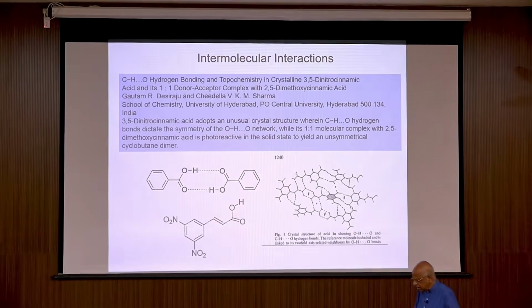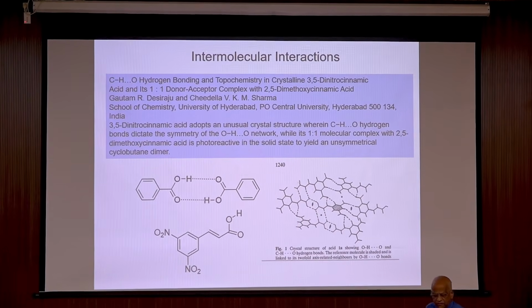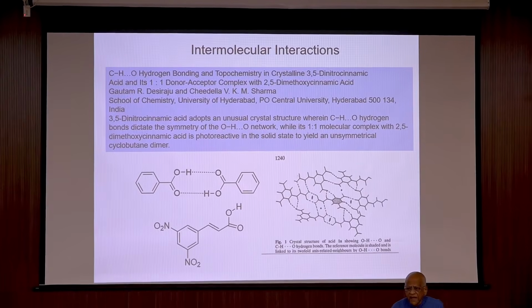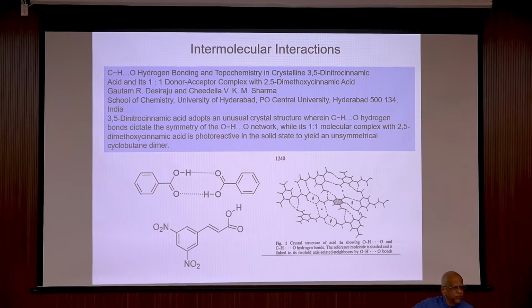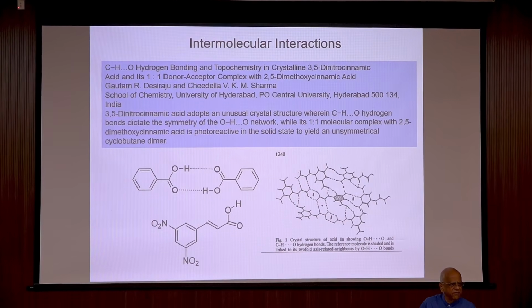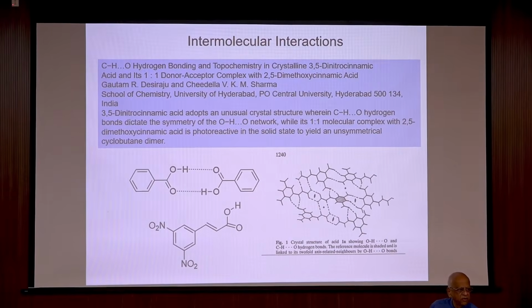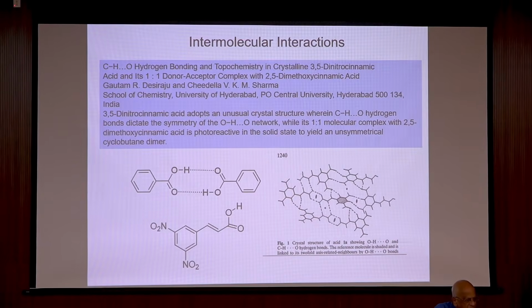And if you look at the molecule now, you will see that every hydrogen here is ortho or para to an electron withdrawing group. It's highly activated, those hydrogens. So you don't see this in 2,4-dinitrocinnamic acid where it's not like that, but only in 3,5. So this is an odd creature. And it forms a pattern.